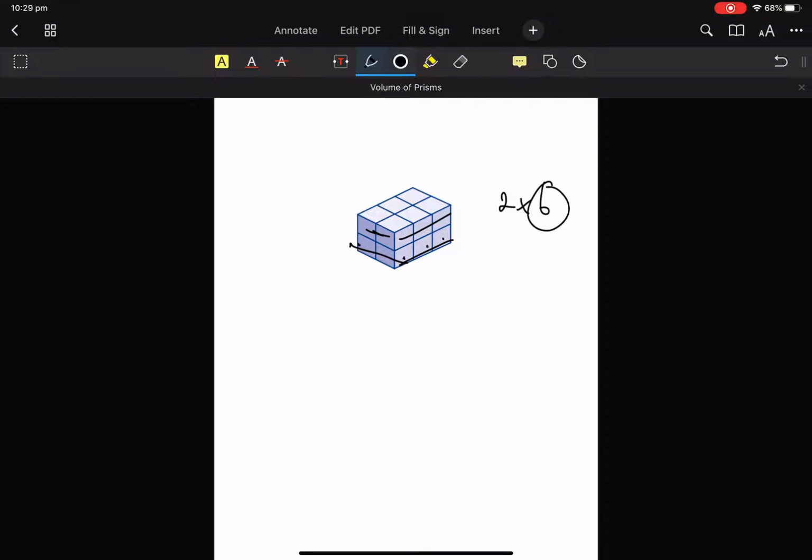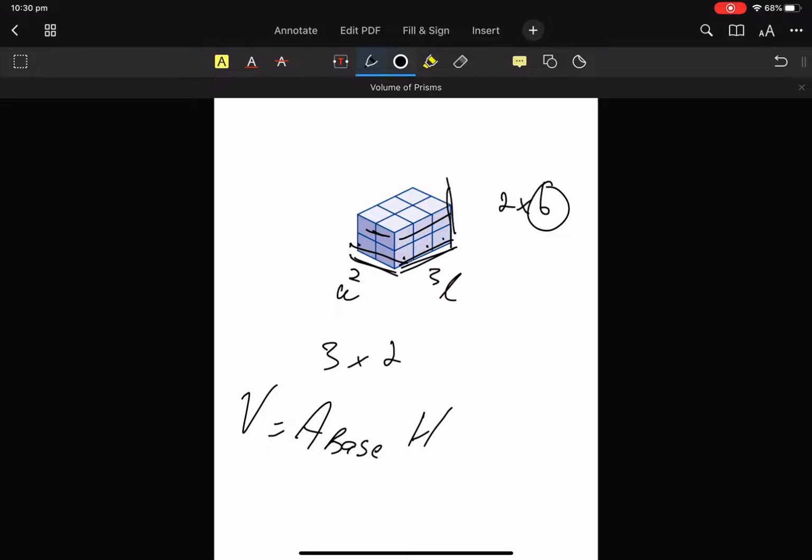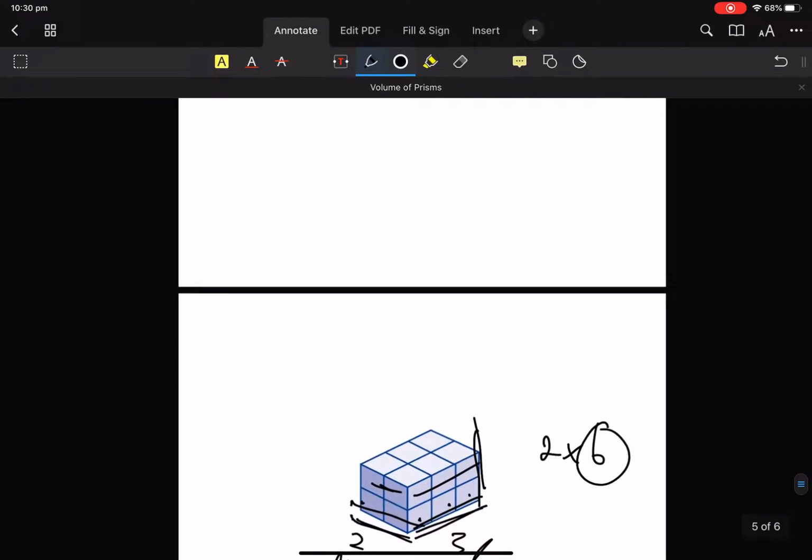That 6 is actually length, which is 3, width, which is 2. So length times width is the area of the thing that it's sitting on. That's a rectangle, the area of the base, and we just want to multiply by how tall it is. So the volume is the area of the base multiplied by the height.